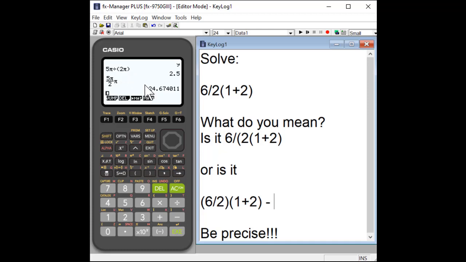So it's a really nice feature if students end up with different answers because they entered the problem differently, because it wasn't clear, you weren't precise in how you wrote it. It's showing them how things are being interpreted, and so then they can go back and go, oh, no, I meant to first divide by 2 and then multiply by pi, so different. So a really nice, wonderful feature in this calculator.